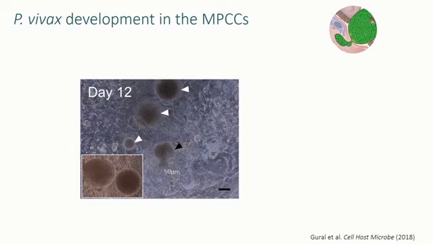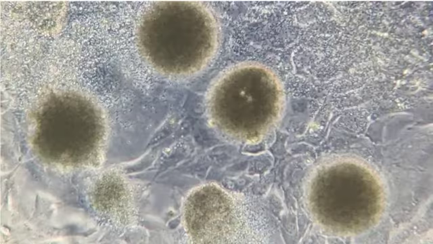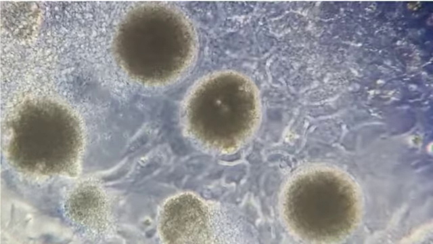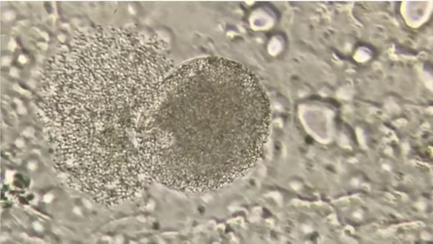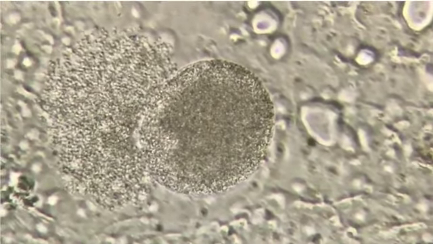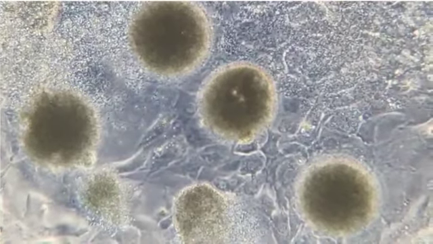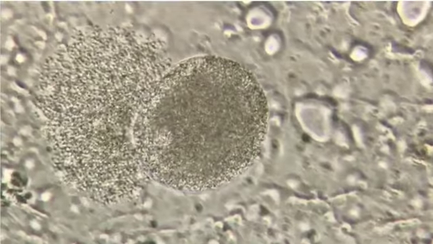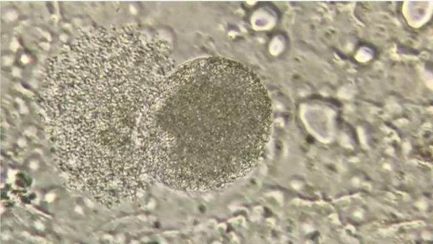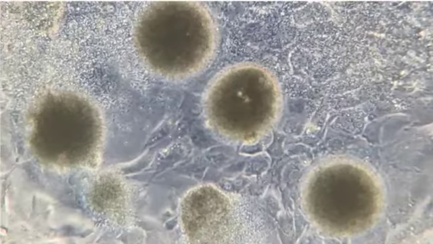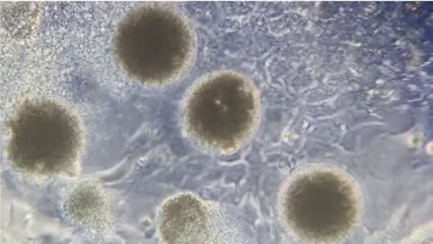We are going to show a video showing this event. So you can see here, these are the schizonts, and this is the one schizont that Neil could capture releasing merozoites into the culture. I mentioned that our cultures are in the 96-well format.